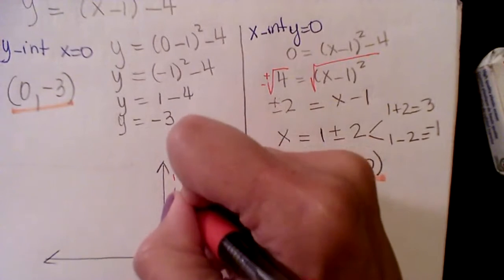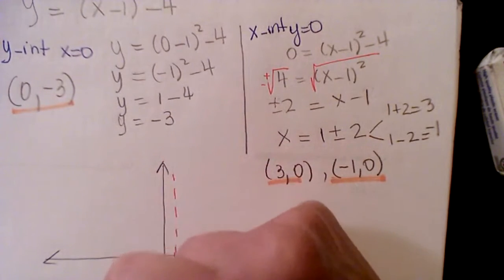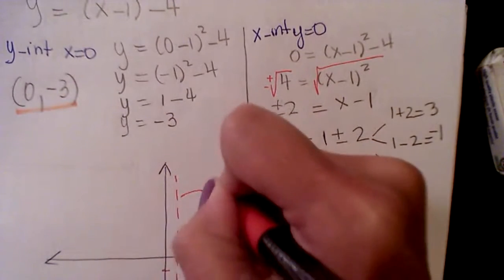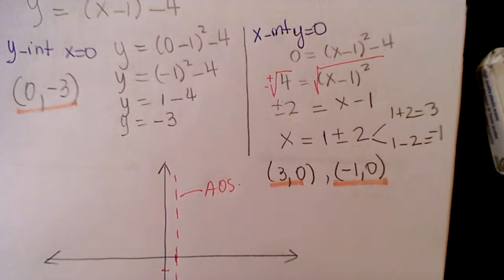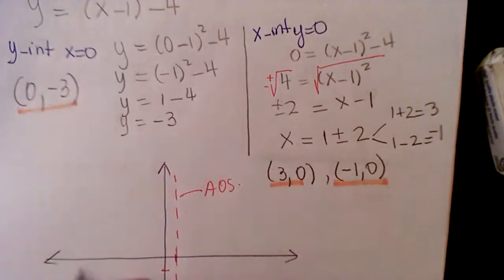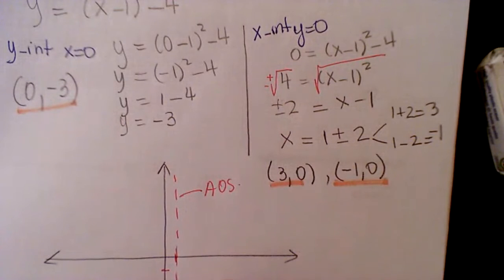Right away I know this is my axis of symmetry. Now let's do 0, negative 3. 1, 2, 3.